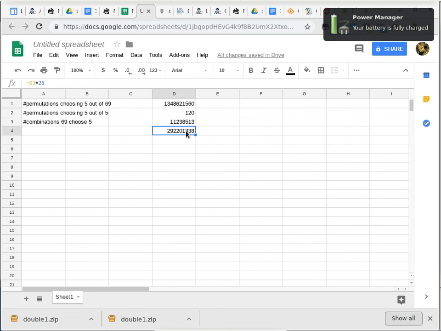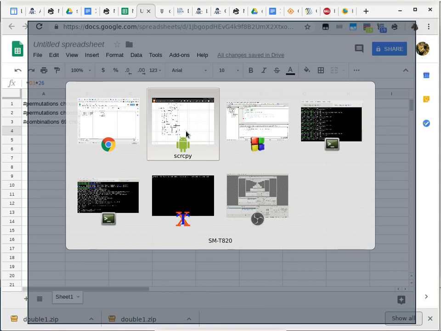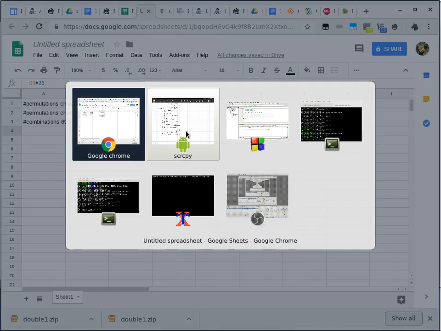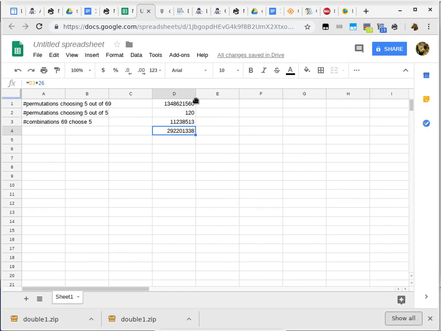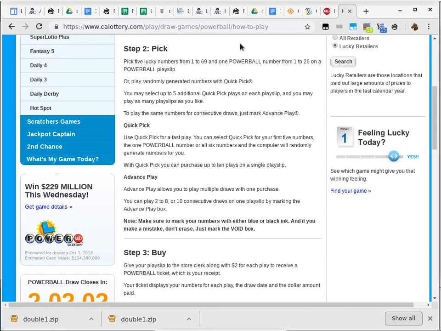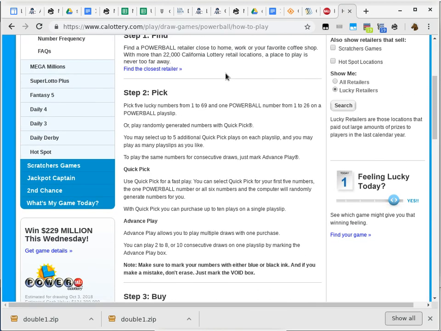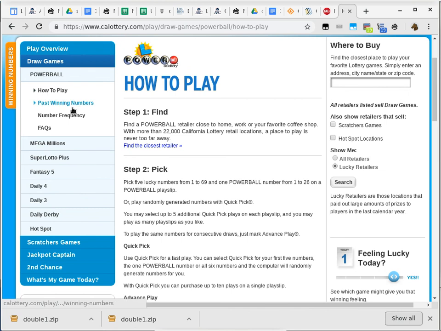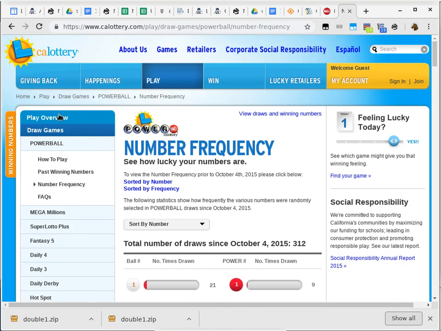So let's double check, just in case my math is off. So we go back to the browser. We are already in the browser, just a different page. By law, they have to disclose the odds of winning. Is it number frequency?